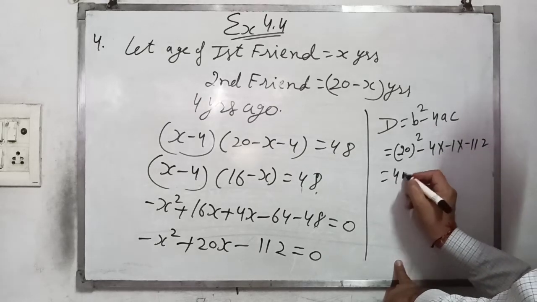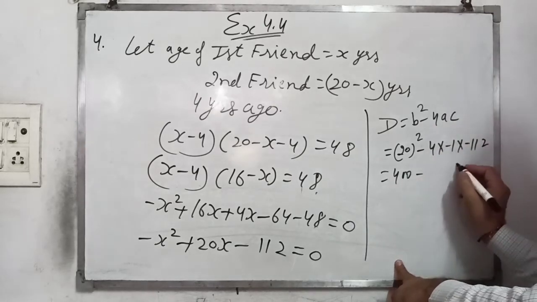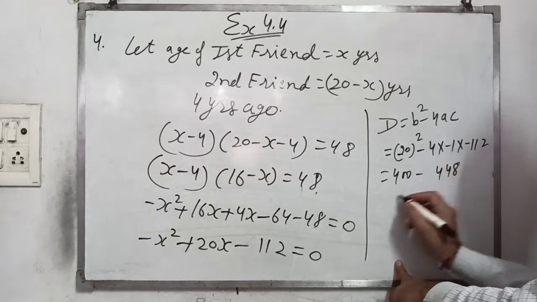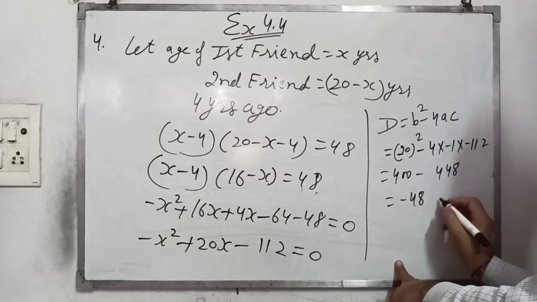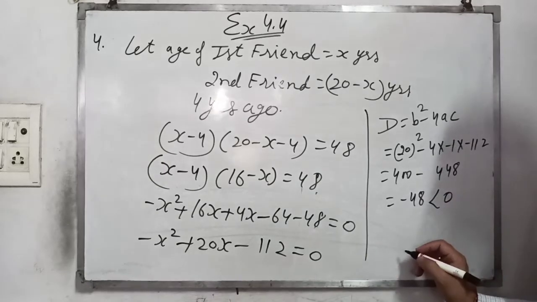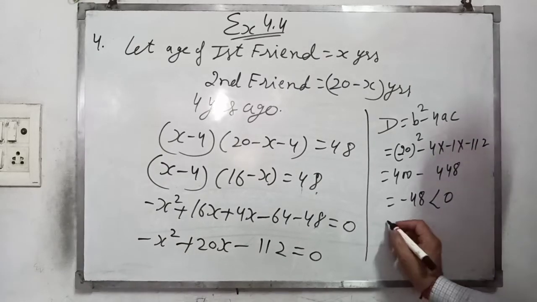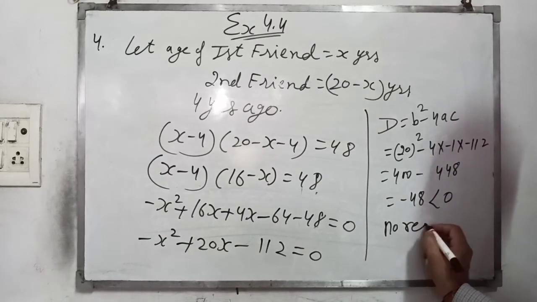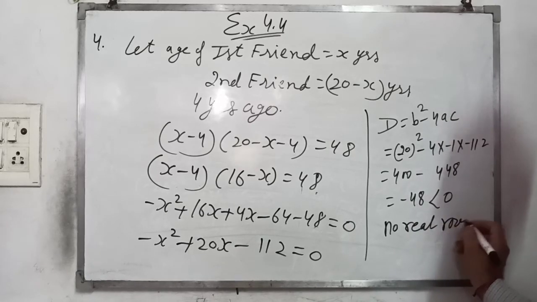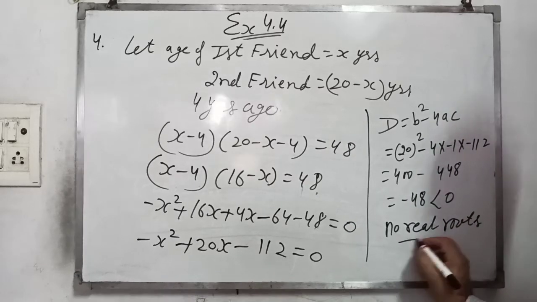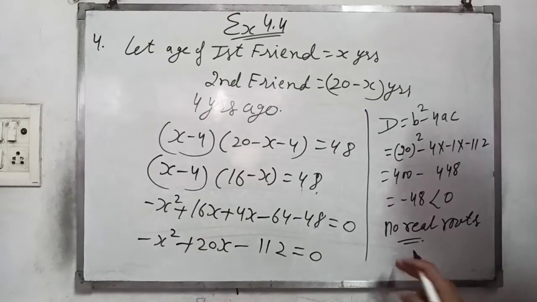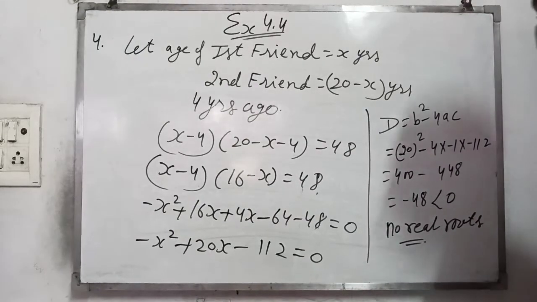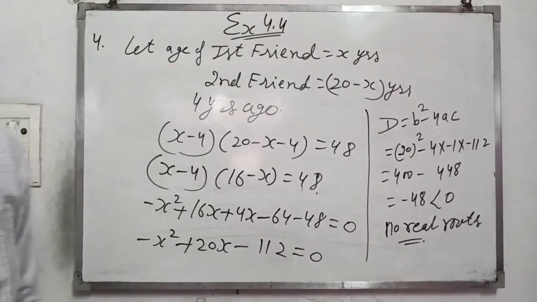So you get 400 minus 448, so it becomes minus 48, that is less than 0. So such a situation is not possible. No real roots, so such a situation is not possible. Come to the next question.